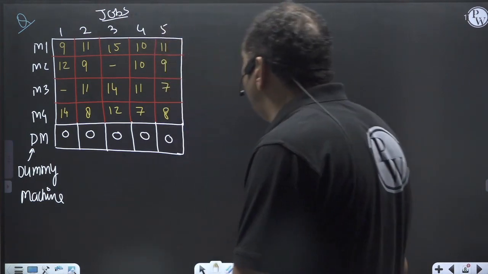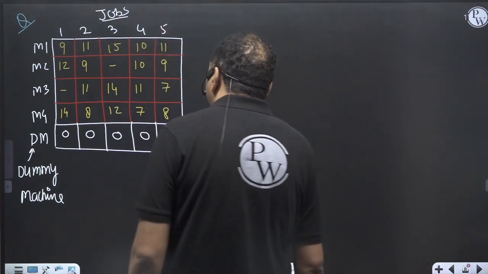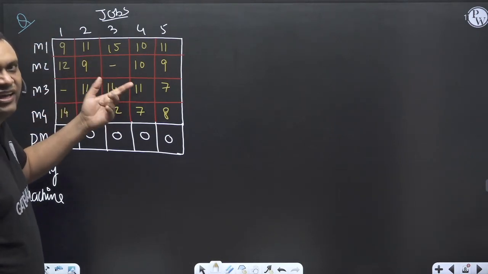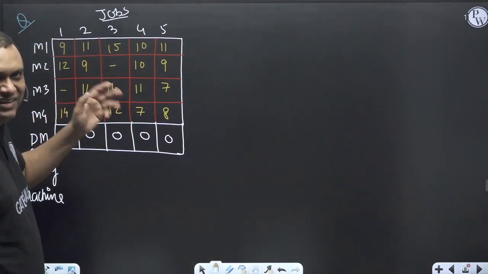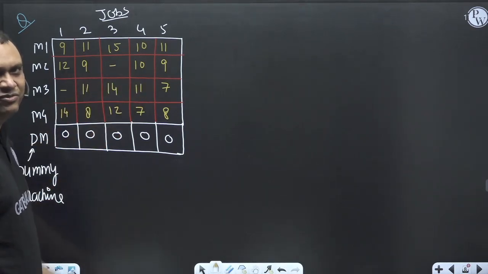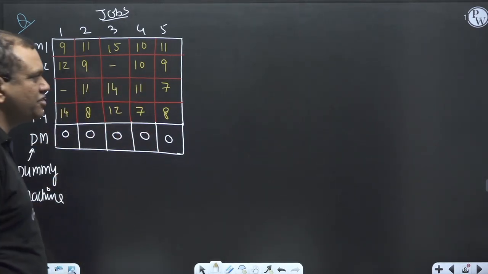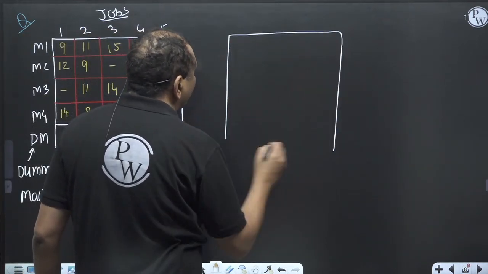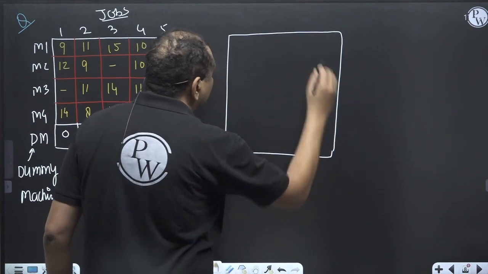Okay. Each and every column already has a 0, so we don't have to do the column operation.